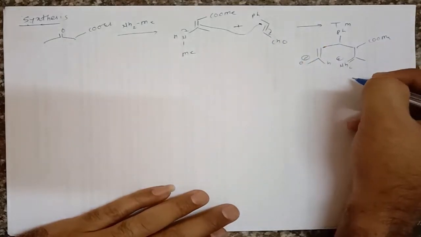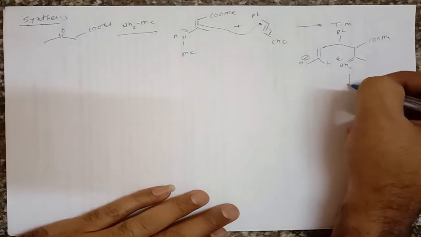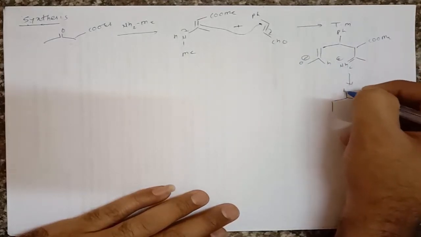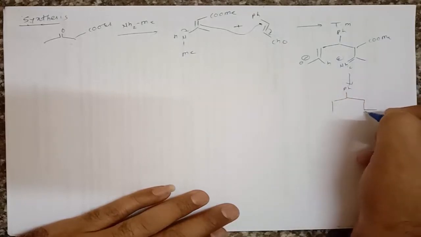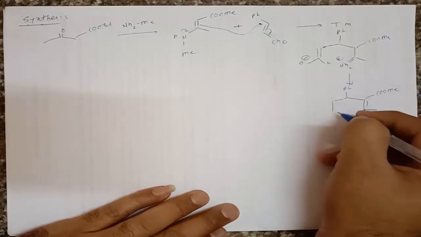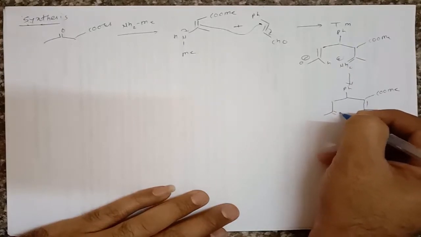And then in the second step it will be converted into an aldehyde. So here is Ph, then it will be again converted into NH2, and here it gives formation of a double bond, that is the enamine, and here is an aldehyde, right?